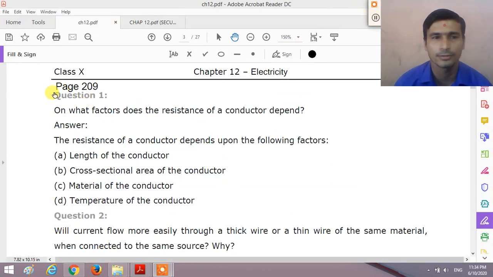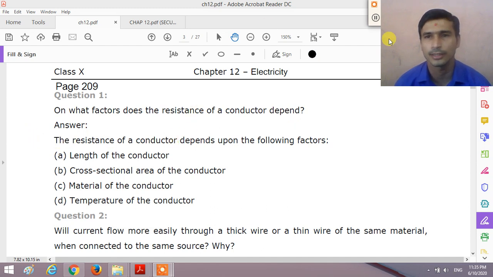So dear students, we discuss the question answers of page 209. So question number 1. On what factors does the resistance of a conductor depend? So what are the different factors that the resistance of the conductor depends on?